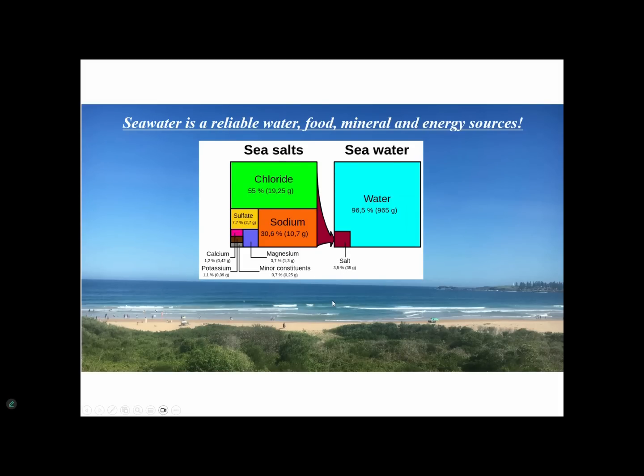At that time, it rained a lot, so ions like sodium chloride, calcium, potassium, and magnesium, all the dissolved ions, were washed out to the seawater. So the seawater age is around 4.6 billion years.